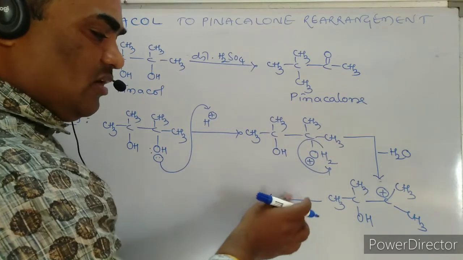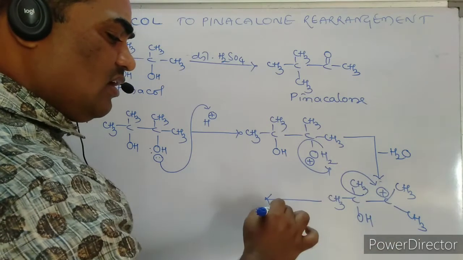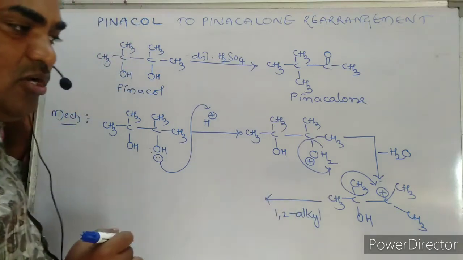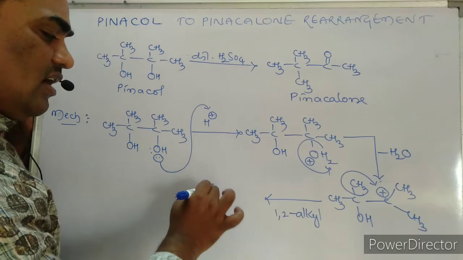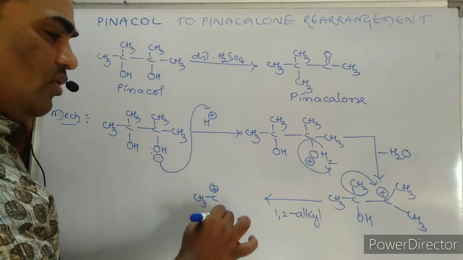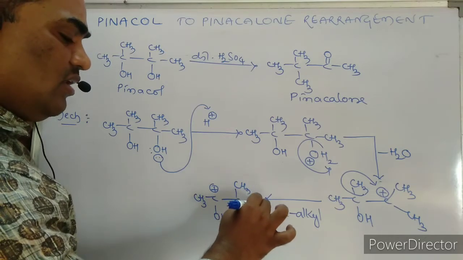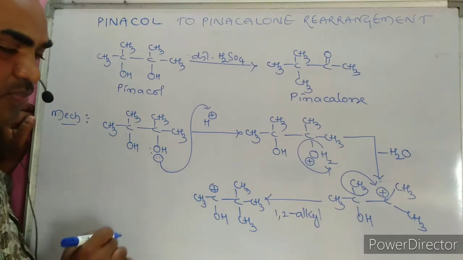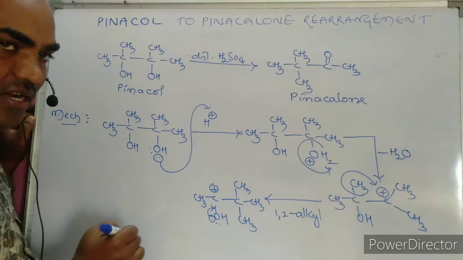Then the very important and rate determining step is the migration, the 1,2 alkyl shift. 1,2 alkyl migration. What is formed? Here the carbon has the OH, and here is the carbon with methyl group and methyl group. Now the carbon possessing the positive charge, hence this oxygen atom donates electron.